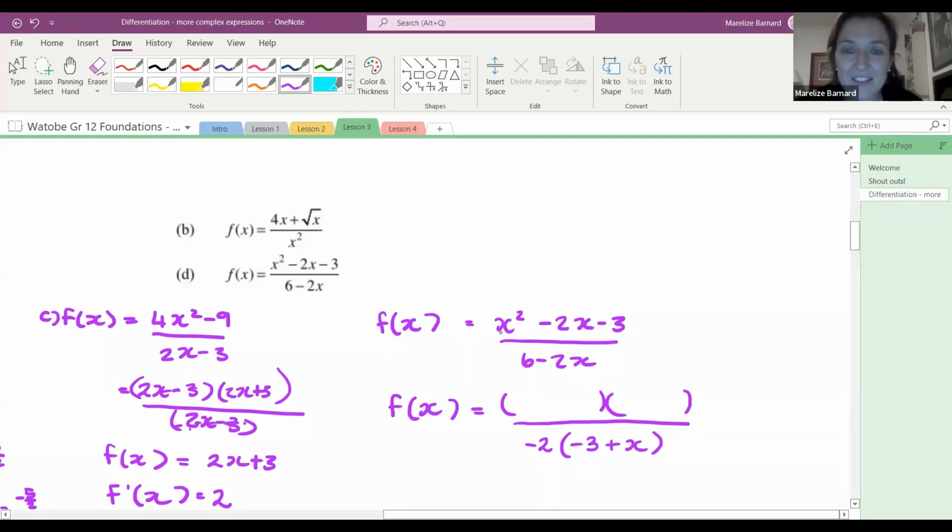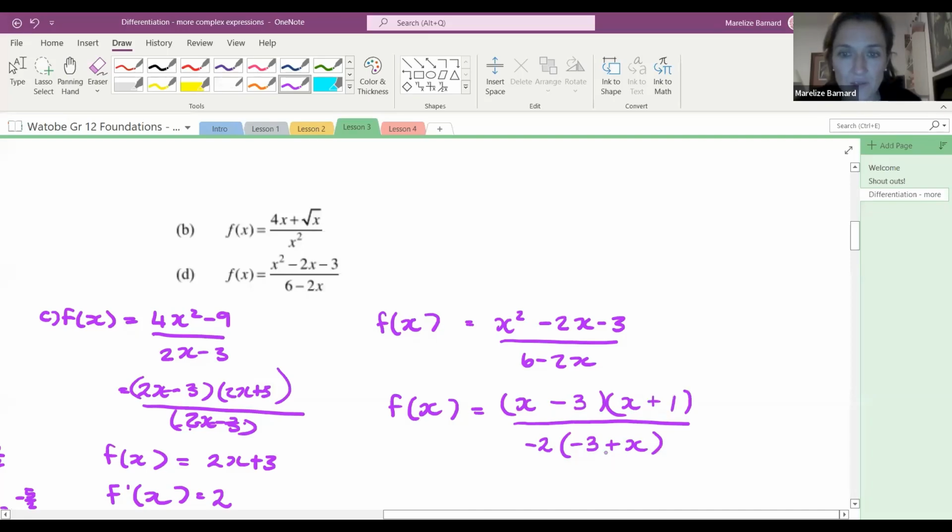Someone's giving me a wow face there. And for the x squared minus 2x minus 3, yes, we've got to be able to factorize these trinomials. So we have an x and an x, which will give us x squared. Then we look at the minus 3. The factors of minus 3 that will add up to minus 2. So that will be minus 3 plus 1.